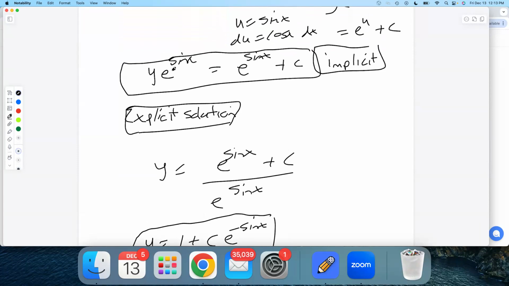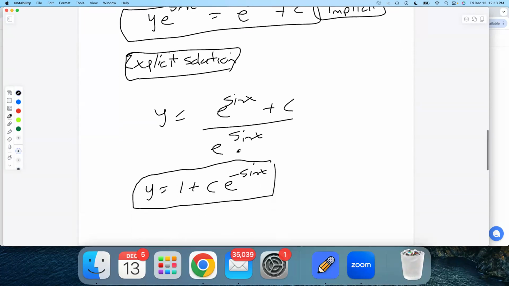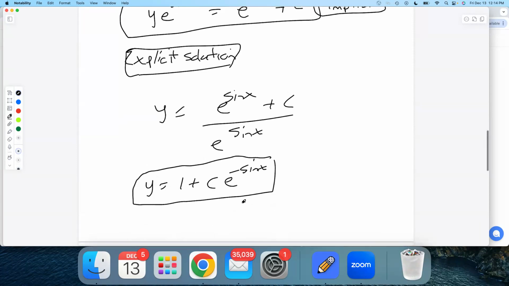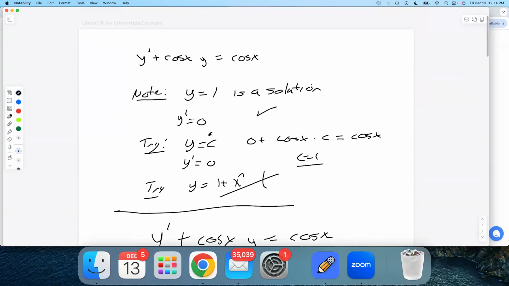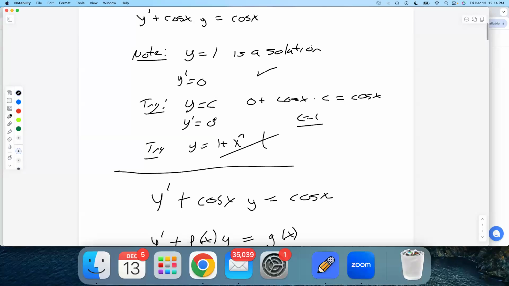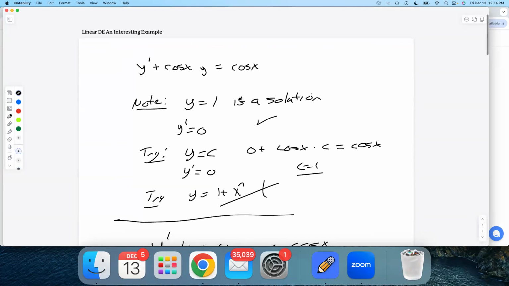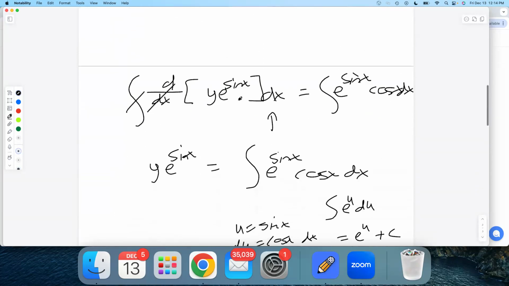So what I've really done here is multiplied everything, both sides, by e to the negative sine of x, which cancels out this guy and that guy. And there is our explicit solution. It's y equals junk. That's what makes it explicit. And eventually, back up here when we were doing this guessing and checking, maybe we would have eventually guessed that if we didn't try this integrating factor.